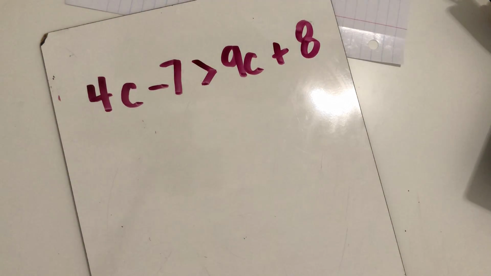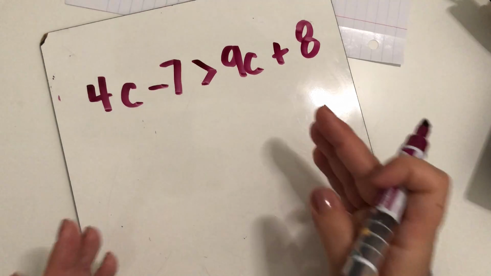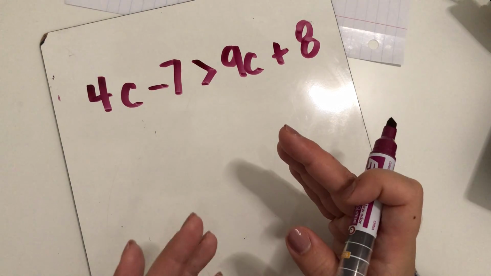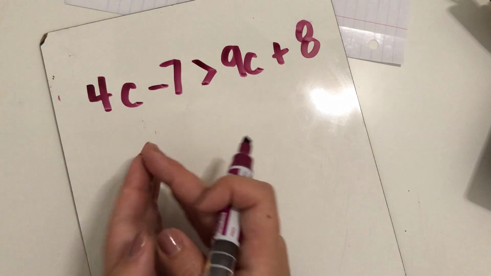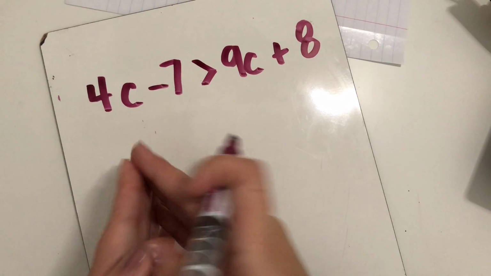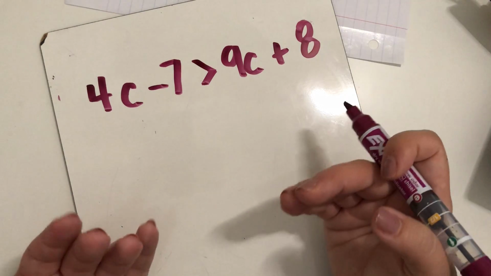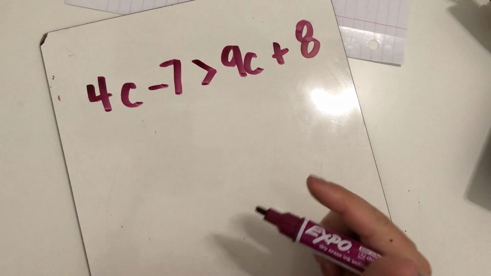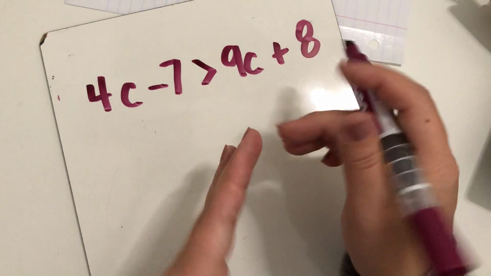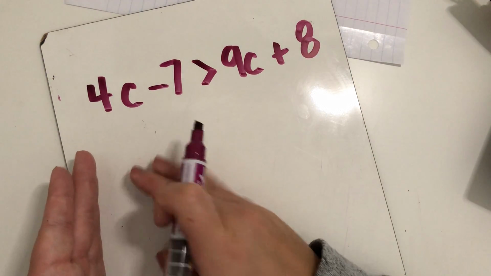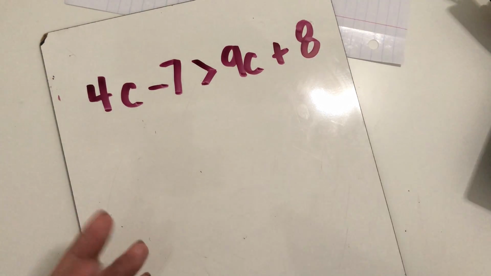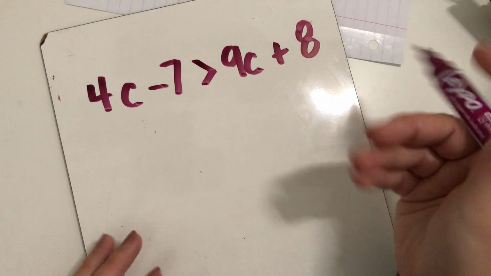It doesn't matter which side I want to have my variables on, but remember that when you have your variables on the left, where they're beginning your inequality, it makes it easier for you to talk about your solutions. It also makes it easier to graph. So even though I'm going to end up with a negative by moving this 9 to the other side, it's going to help me in the end to really know what my solution values are.